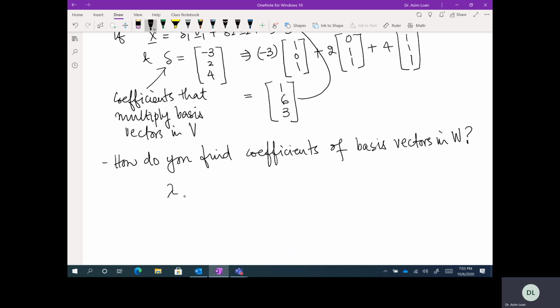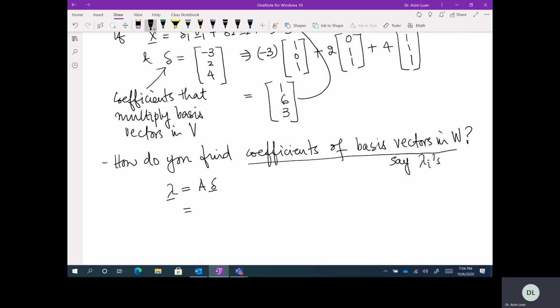So the easiest one is, those coefficients, let's call them lambda i's. Lambda is actually A times delta.